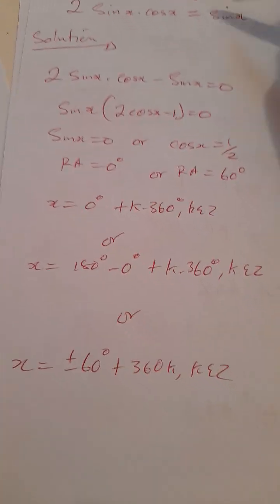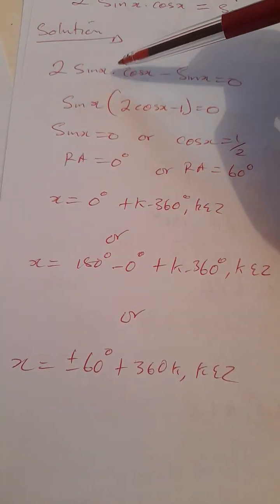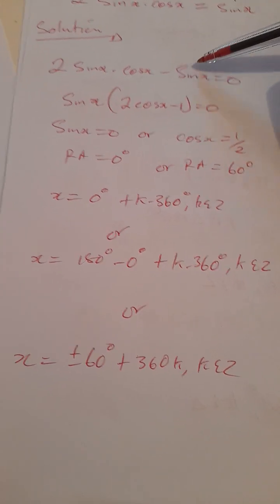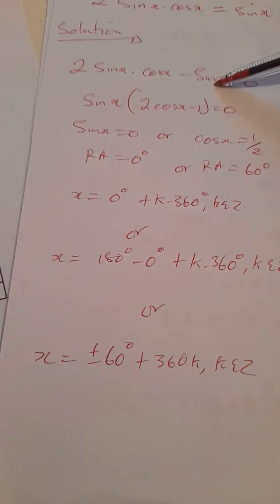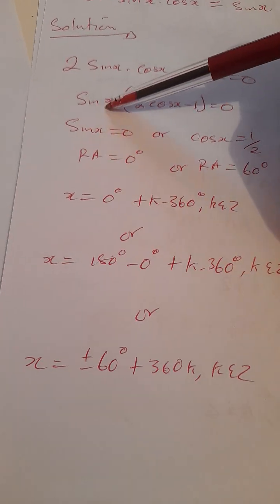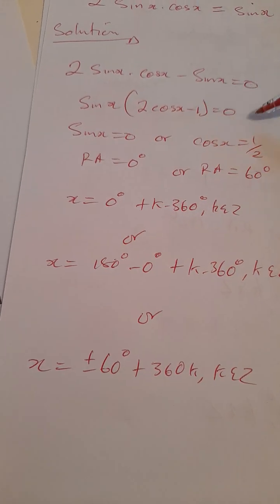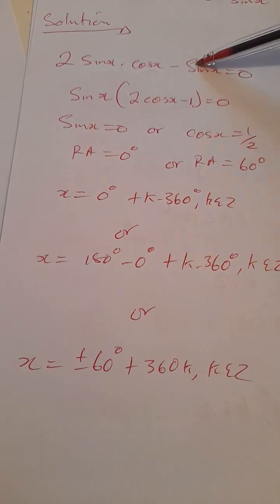So what you need to do here is take the sine to the other side. So 2 sine x cos x, you subtract sine x, equate to 0. Now I have sine here and also another sine here, so I can take it as a common factor. So it's sine x into 2 cos x minus 1 is equal to 0.